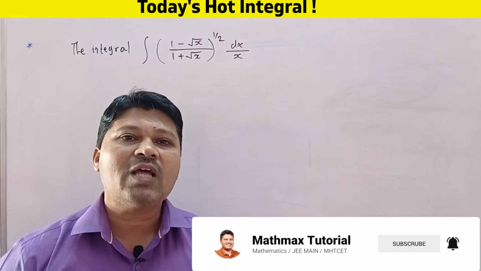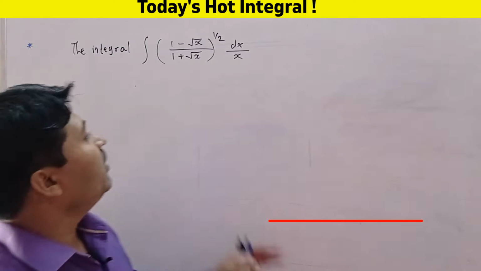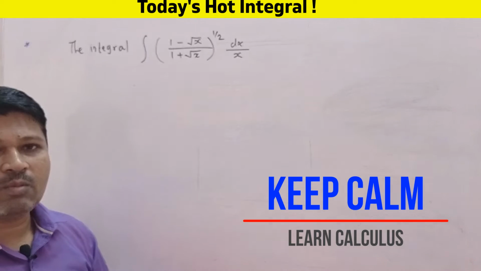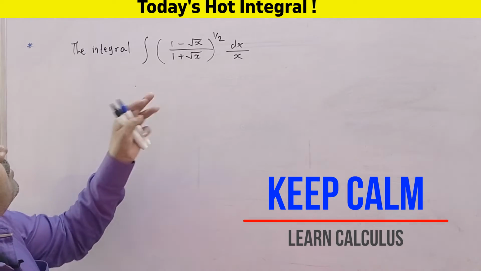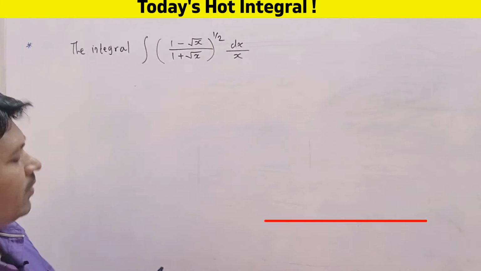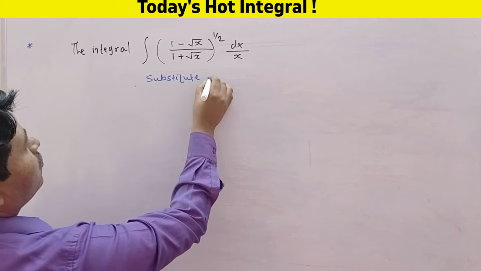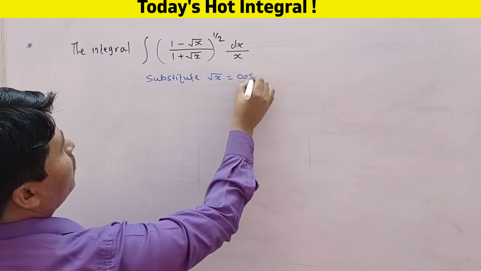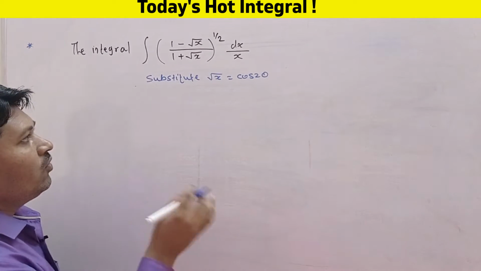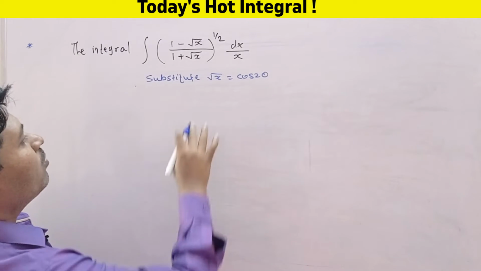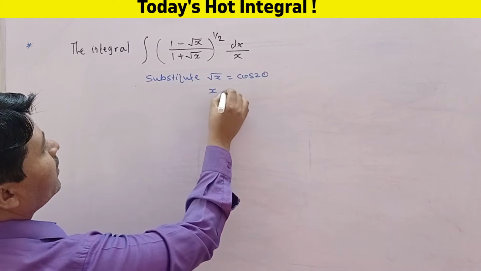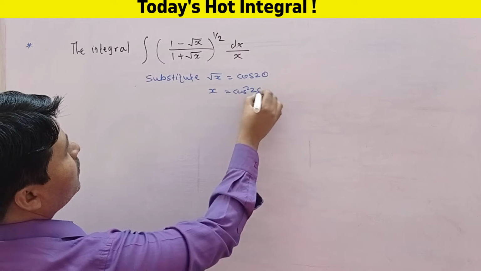Okay, now let's start and think about which method is best for this example. I can consider the substitution method. Suppose root x is equal to cos 2 theta, and squaring both sides we get x is equal to cos square 2 theta.